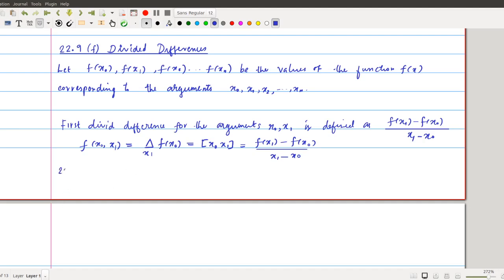So we write it as 22.9 G, Newton's divided difference formula.